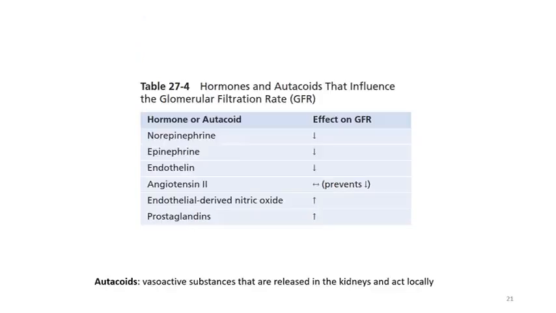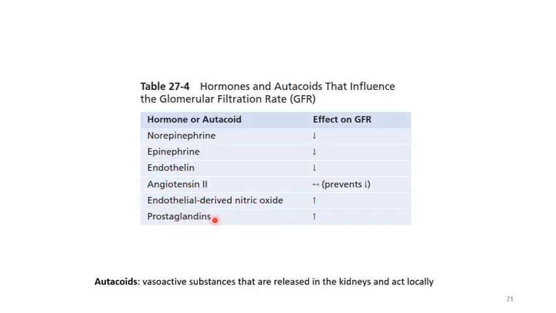This table reviews the hormones and autocoids that influence the GFR. Autocoids are vasoactive substances that are released in the kidneys and act locally. The effect of norepinephrine, epinephrine, endothelin, angiotensin II, endothelial-derived nitric oxide, and prostaglandins.